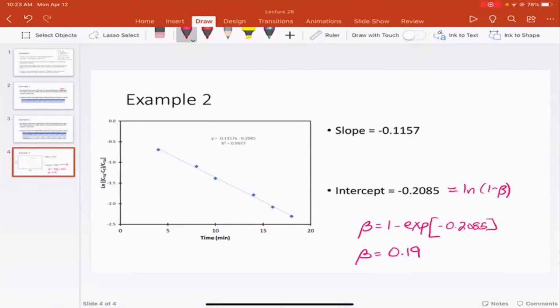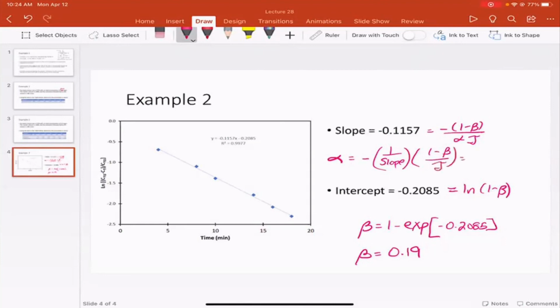Okay. Now, the second thing that we can do is take advantage of the fact that we know that this slope is equal to minus 1 minus beta over alpha times the residence time, right? Or alpha, this is really the thing now that we don't know, is equal to minus 1 over our slope times 1 minus beta over tau.